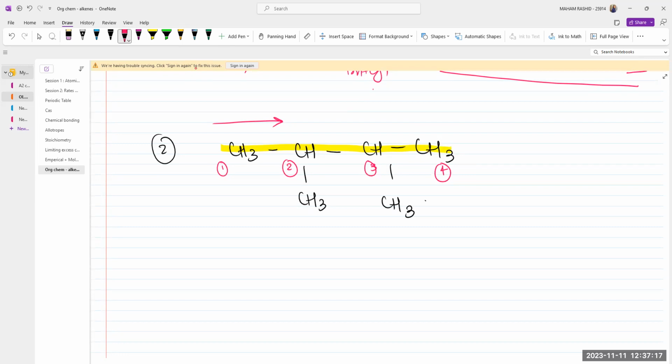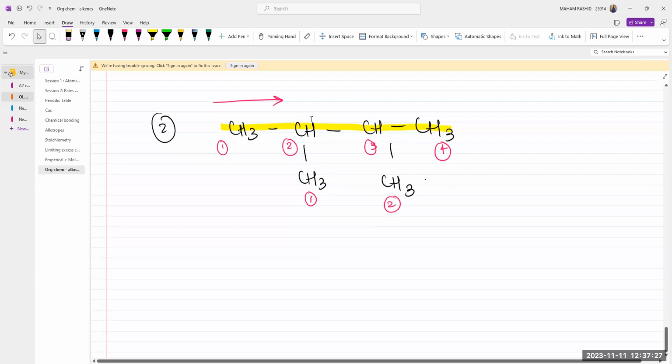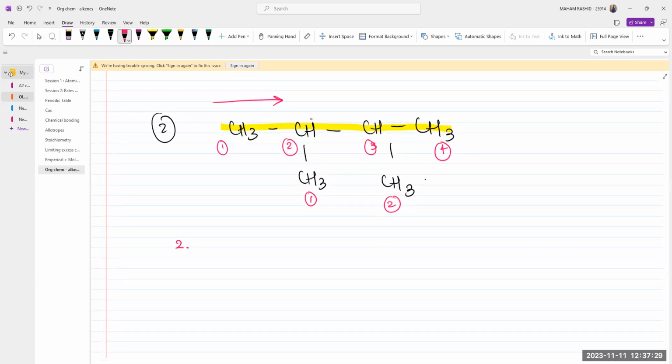Now, how do I name it? I know that I have 2 methyl groups, 1, 2. And my methyl groups are on position number 2 and position number 3, on the second carbon and the third carbon, right?